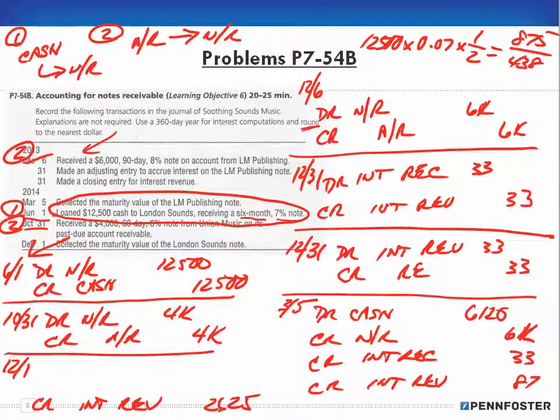So I have a discrepancy here. Why did I get 2625? It should be 438. So let me go back and do the math the other way. If I take 6 over 12, so 12,500 times 0.07 times 6 is 5250.